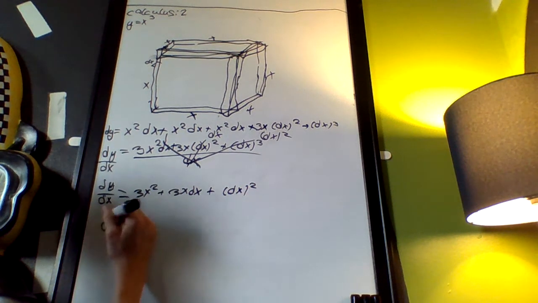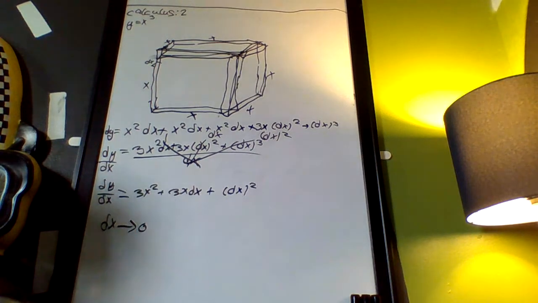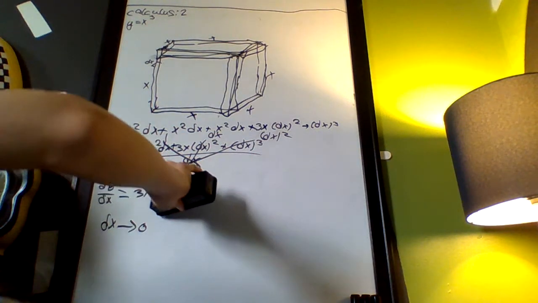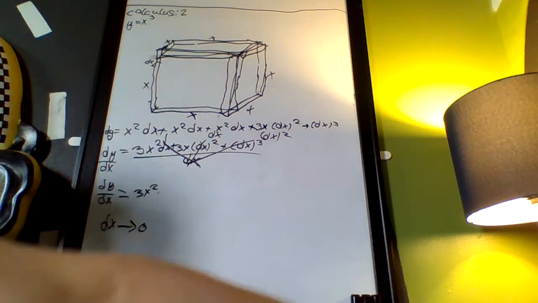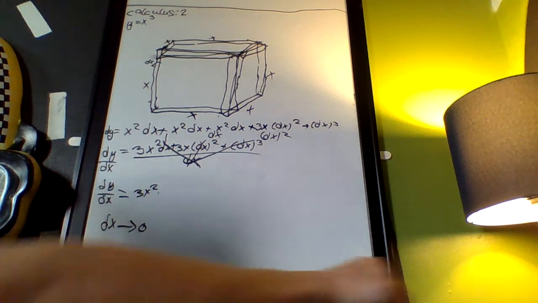Now, we know that dx is going to 0, and we're adding this on. So really, it's not going to do anything either. So, got rid of you. And now we're left with this: dy/dx equals 3x squared.